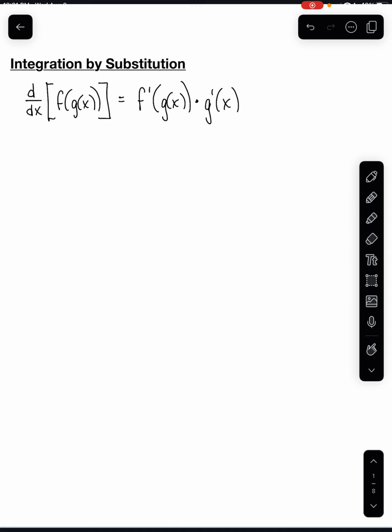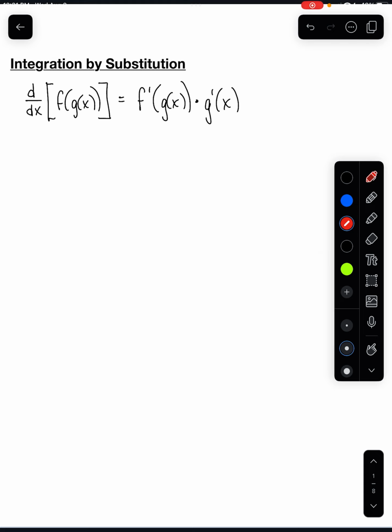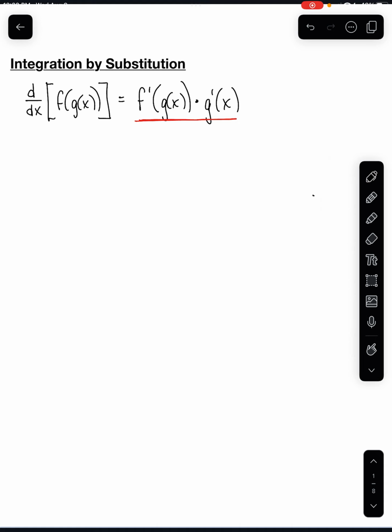The integration version of this has to turn it around, which means that we need something that is in this form to begin with. So for integration, we need something that is in the form of a composition and already has the derivative of the inside function present as a factor in the integrand.